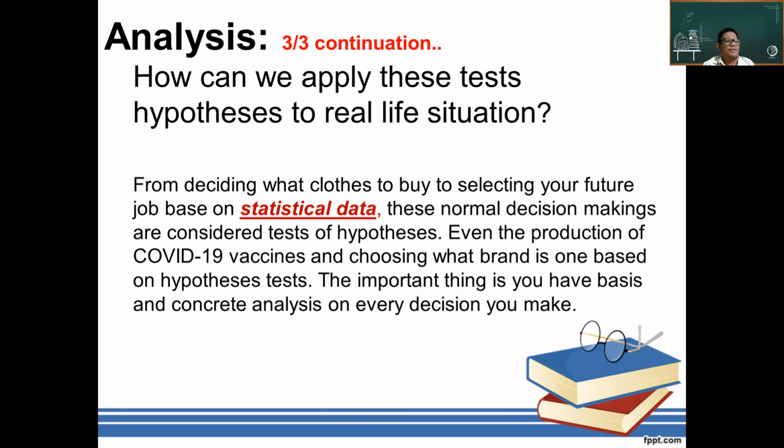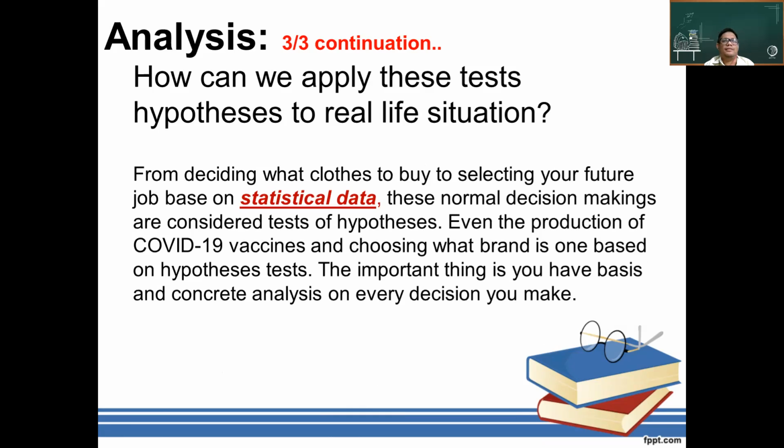So in our situation now, in the COVID-19 pandemic, remember that having this production of COVID-19 vaccines, and you are choosing what brand for different effectivity and different products from different countries, that is already a process of test of hypothesis.